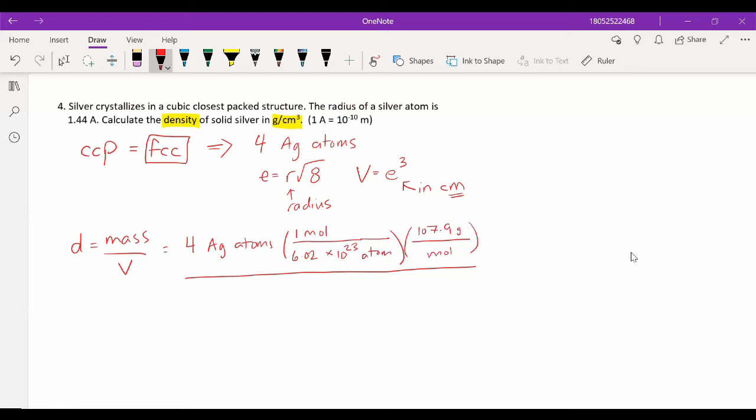So I'm going to convert the radius down here from angstroms to centimeters. In the problem, it says that the angstrom is 10 to the negative 10th meters. If you remember, there are 100 centimeters in a meter. So basically, the radius is 1.44 times 10 to the negative 8 centimeters. Okay, so that's going to go right here.